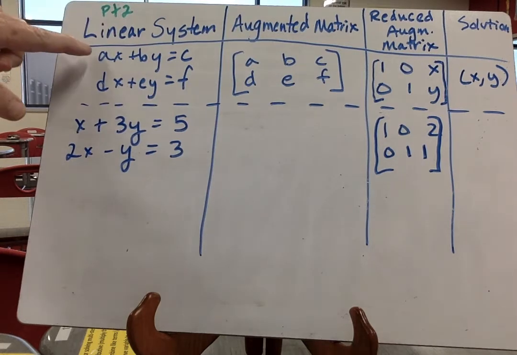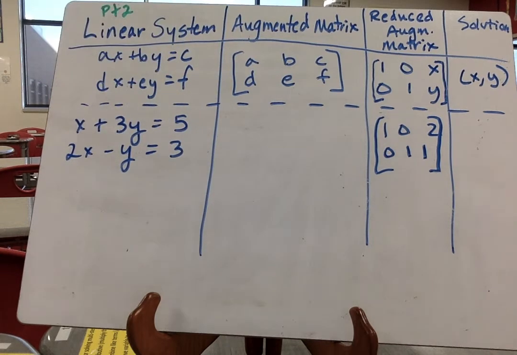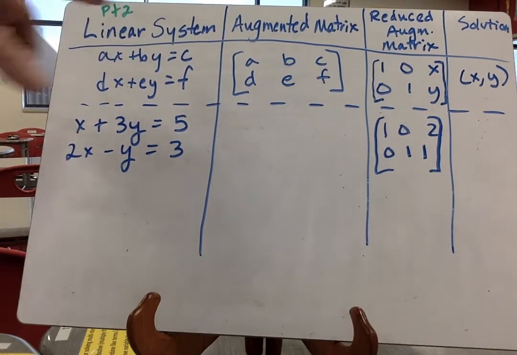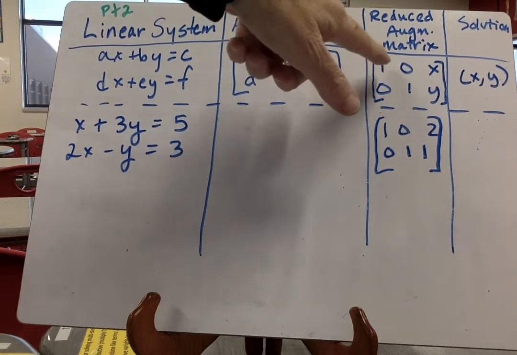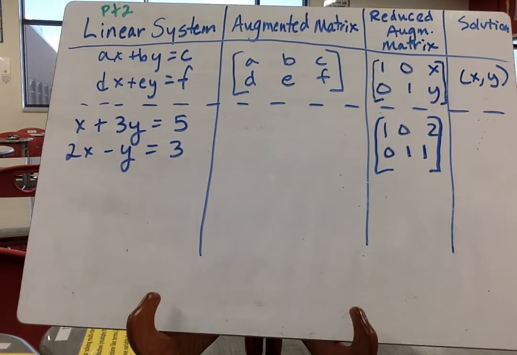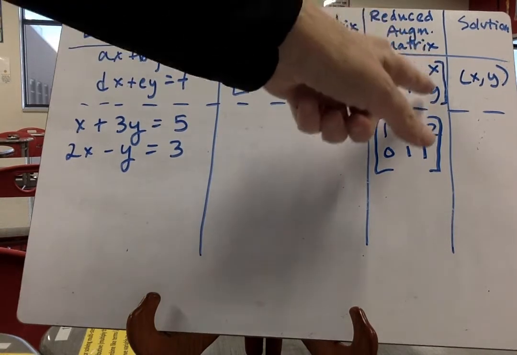The coefficients of x are a and d, coefficients of y are b and e, and then our solutions c and f go at the end. Our reduced augmented matrix will have 1, 0, 0, 1, and x and y. When that's the case, your solution is right here at the end, x and y.